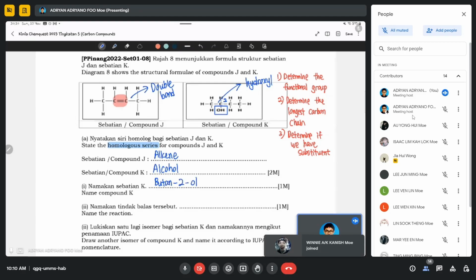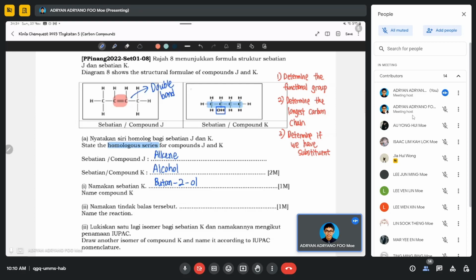This is how you give the naming. 为什么是 butan-2-ol? Okay, 我们再重来。First step, determine the functional group. Functional group is OH. So we already know this is an alcohol. So meaning that the name will end with ol behind. Okay, and then 我们找 longest carbon chain. Longest carbon chain 是4个 carbon.